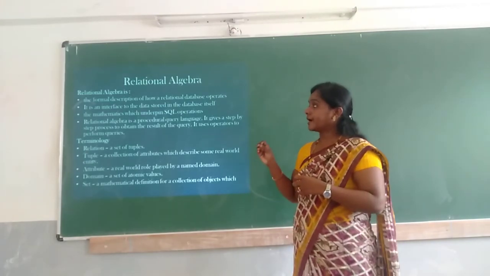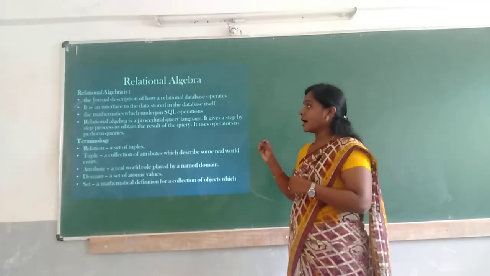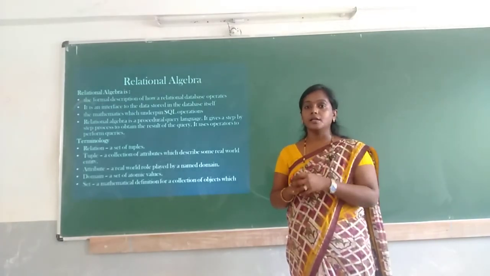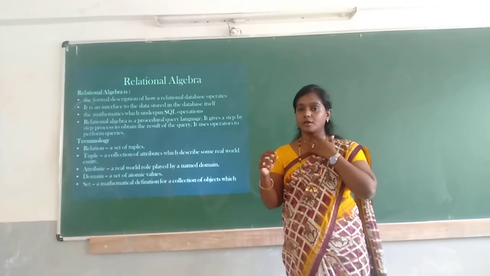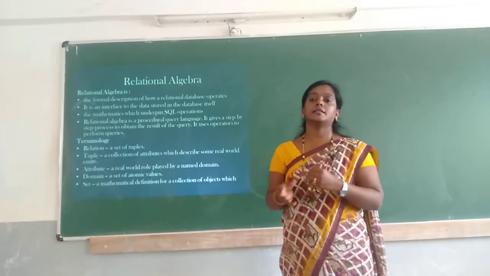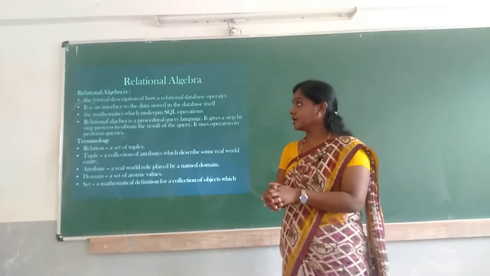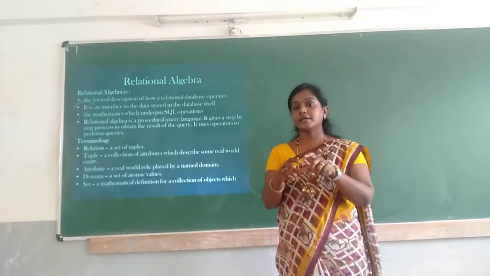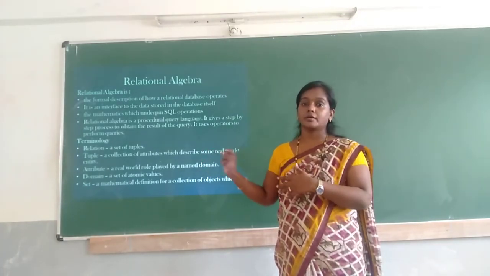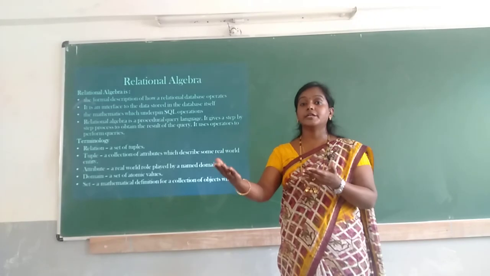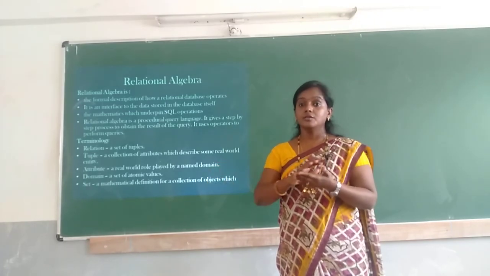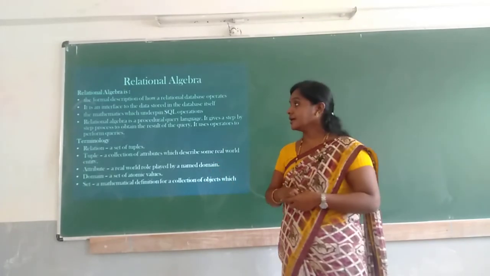Okay, the mathematics which underpin the SQL operations. So it helps SQL operations. We can call it the theoretical part. So to design any database, first they use this. Okay, after that it is converted to the language.